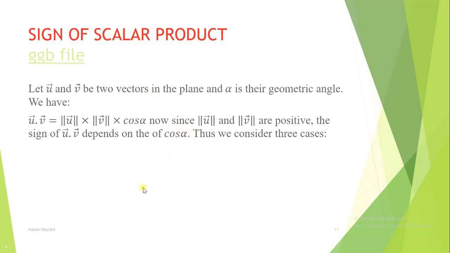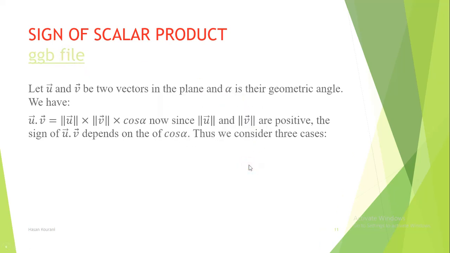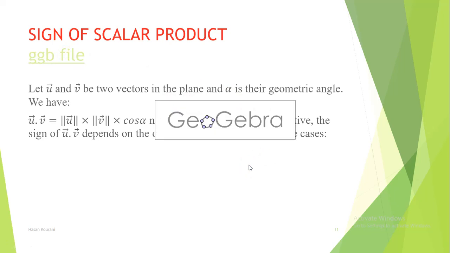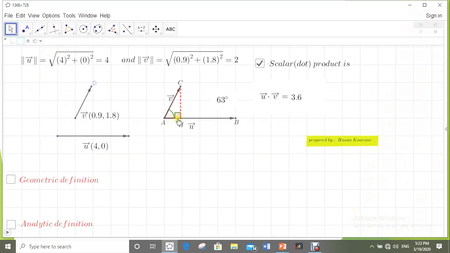Now, before we see the three cases, we are going to see this activity that shows us all what we are going to say in the cases below. Well, as you see, we have two vectors u and v, and we have translated them to the same origin A, and we have a geometric angle between them.